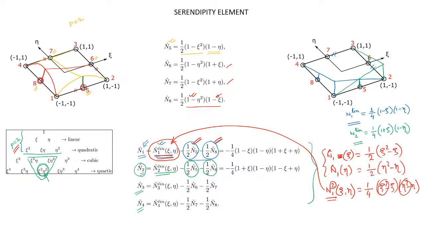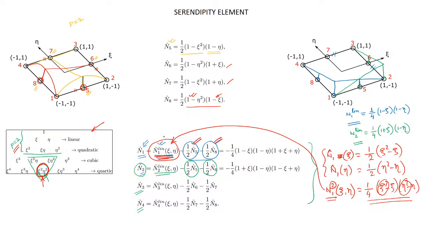But the objective of the serendipity element is that we need to avoid this term xi square eta square in this set of monomials. In Pascal's triangle, we said that this is the term we are going to avoid. So instead of the linear one, if I consider the quadratic one corresponding to the first node, then we will have this xi square eta square term.